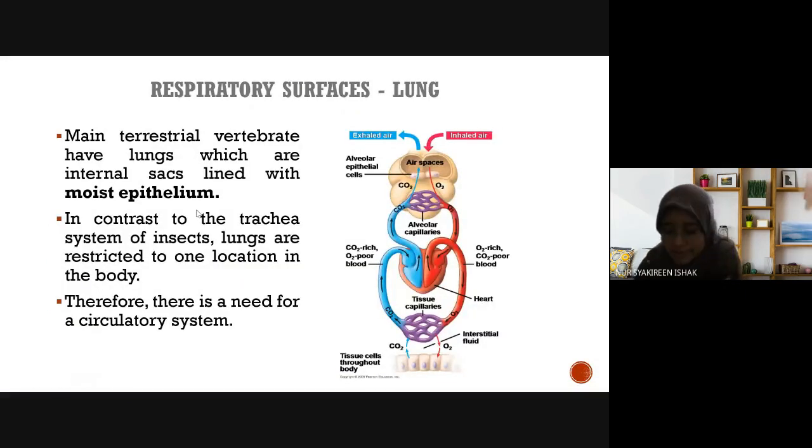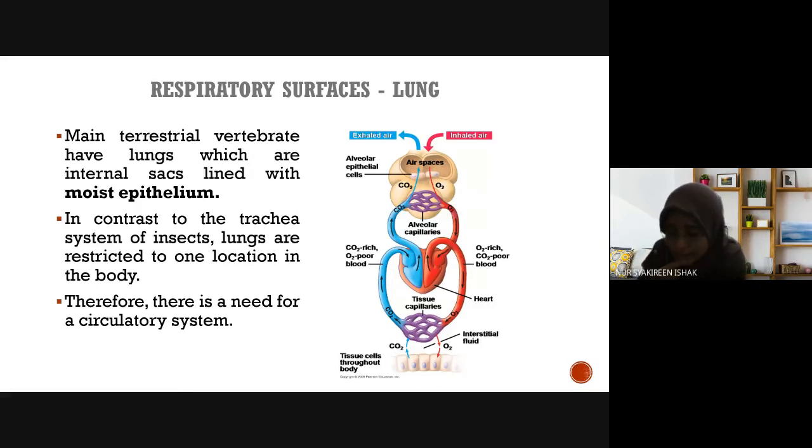Many terrestrial vertebrates have lungs, which are internal sacs lined with moist epithelium. Moist epithelium is referring to the alveolar wall. The alveolar wall is one cell thick and moist.